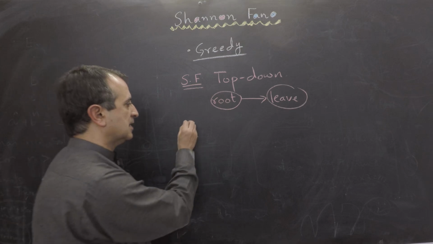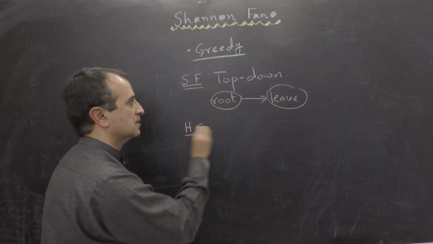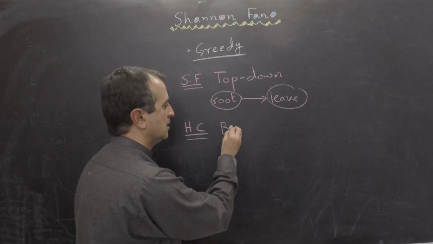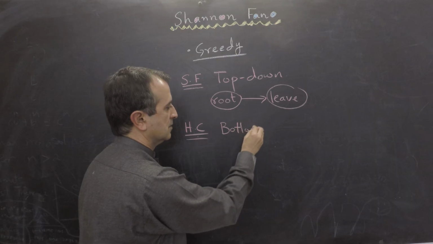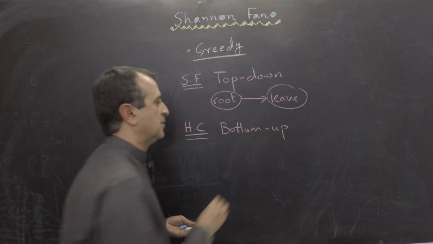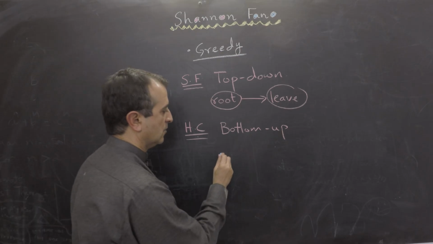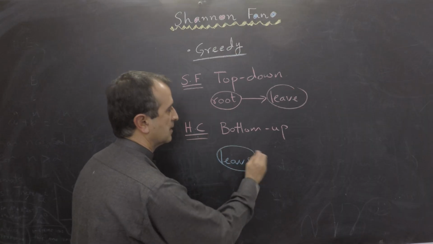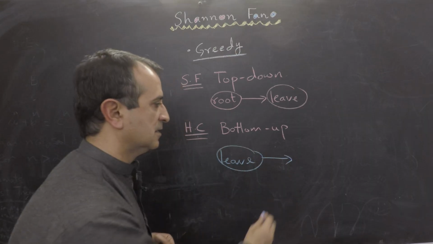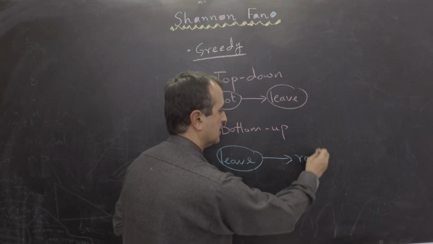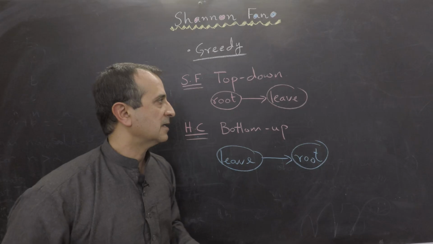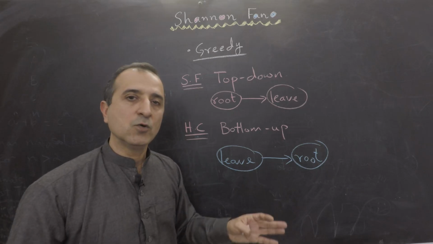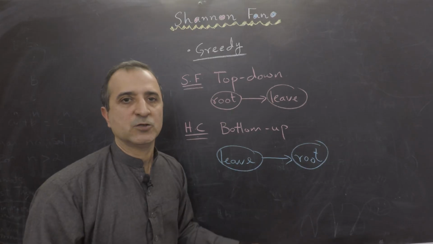In contrast, in Huffman coding, we use a bottom-up greedy approach. That means we start from leaf nodes, our symbols are at leaf nodes, and we move towards the root node. In case of Shannon-Fano coding, local optimal choices do not translate to a global optimal choice.